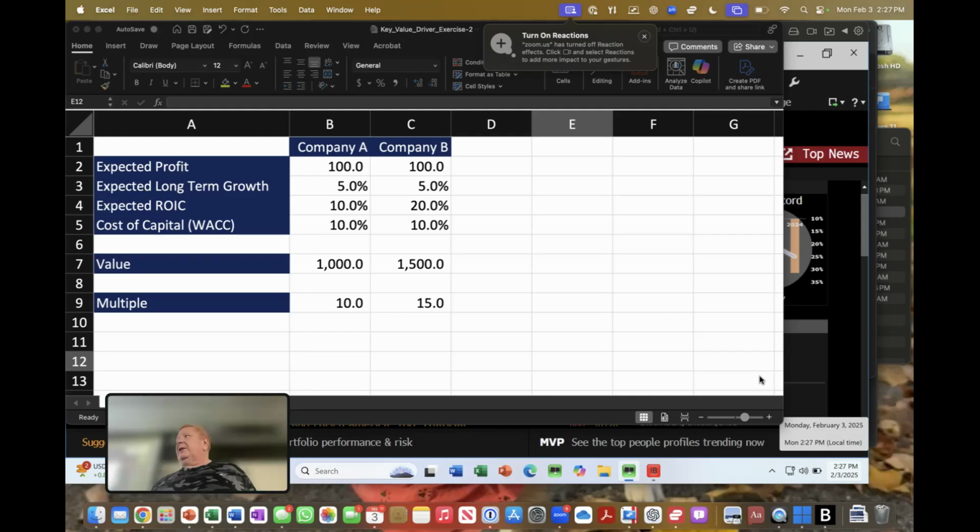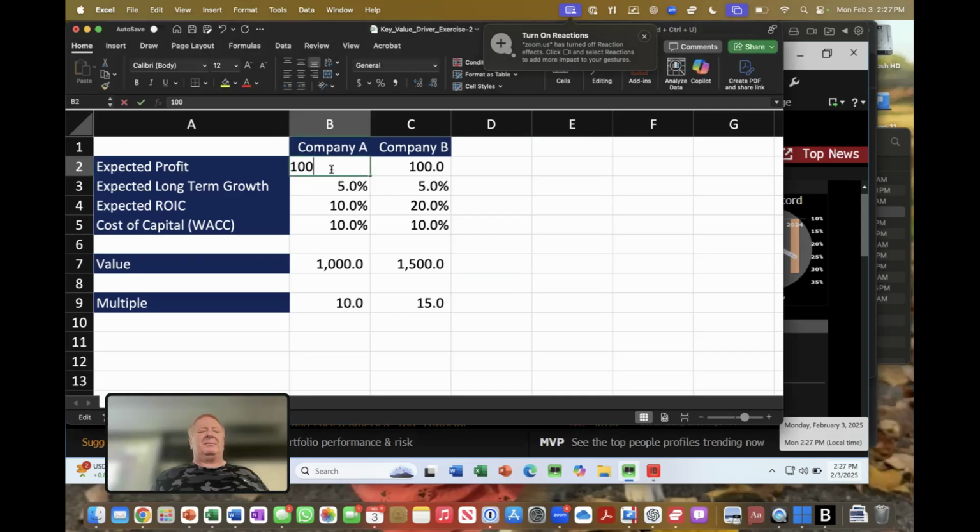So the first scenario is I ask you to take these two companies and increase the expected profit, 200, 300, etc. When you did this, what happened to the value and what happened to the multiple? Yeah.